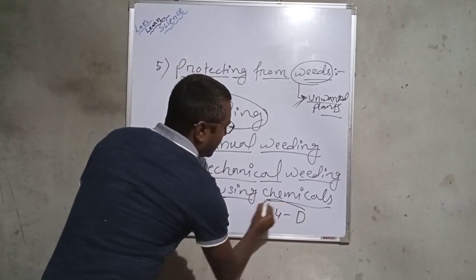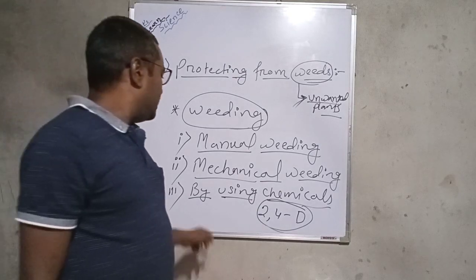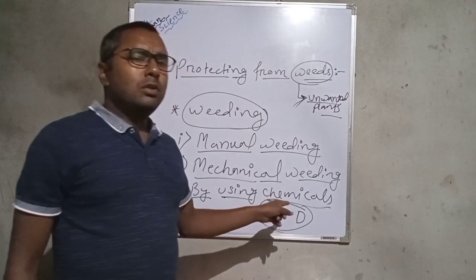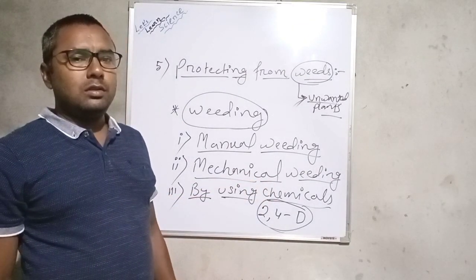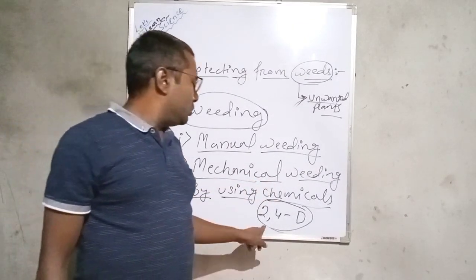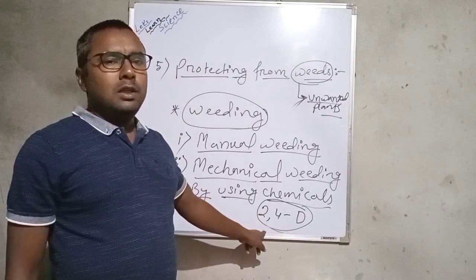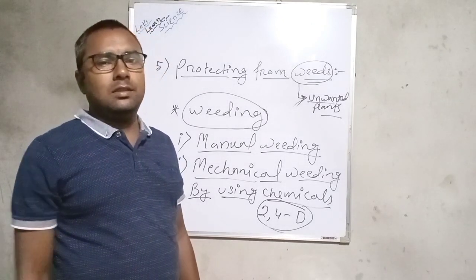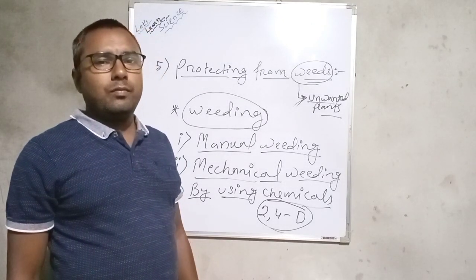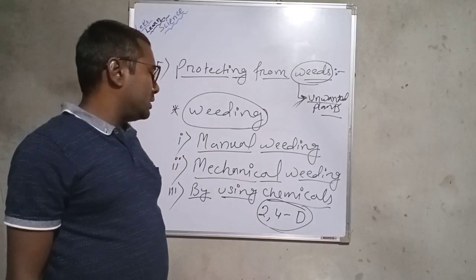It is a weedicide. That means by using chemicals also, weeds are removed from the agricultural field. And the chemicals that are used for the removal of weeds from the agricultural field are termed weedicides. So 2,4-D is an example of a weedicide.